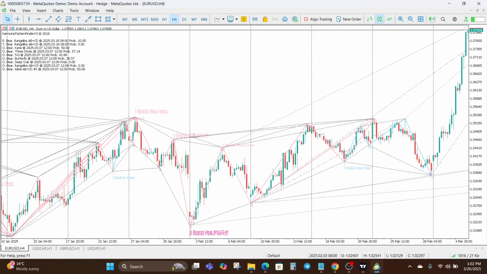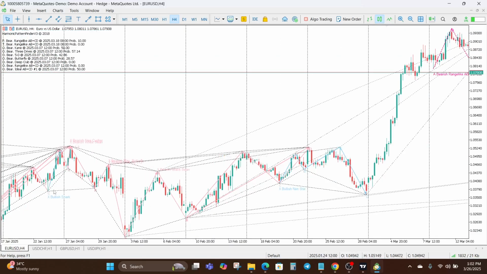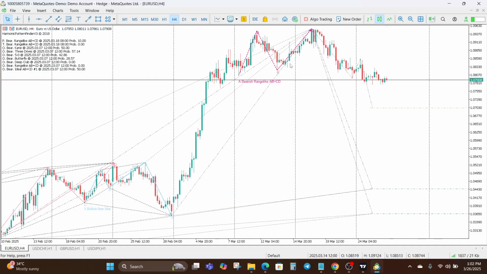It labels it clearly, right? You can see all the labels. You can see it's not just the patterns that are drawn, but the labels are also added. So it labels it clearly, all right? And it tells you whether it's a bearish pattern or a bullish pattern, letting you know whether you should be looking for buy opportunities or sell opportunities.